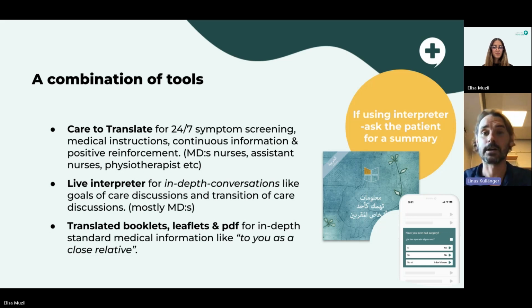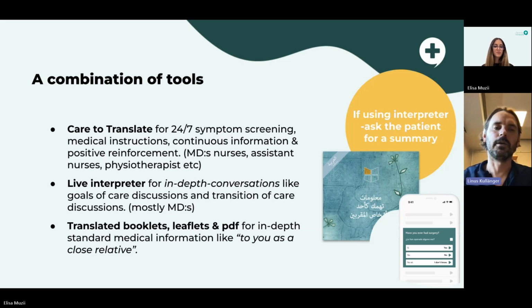We can give them medical instructions, like how to take their medicine, and educate them in different ways, for example how to use the medical devices. We can also give them continuous information 24/7, like what we are doing with the treatment and what is happening right now, because that's one of the things a lot of patients feel worried about.